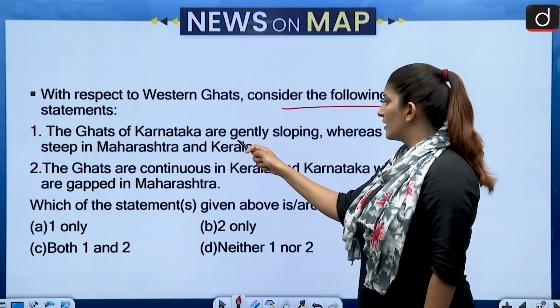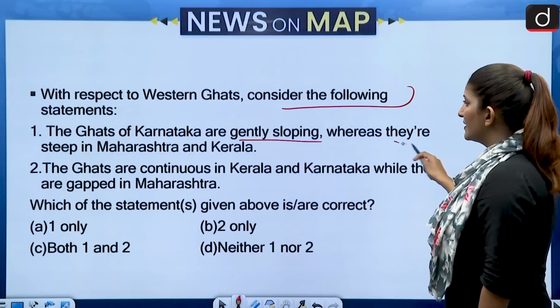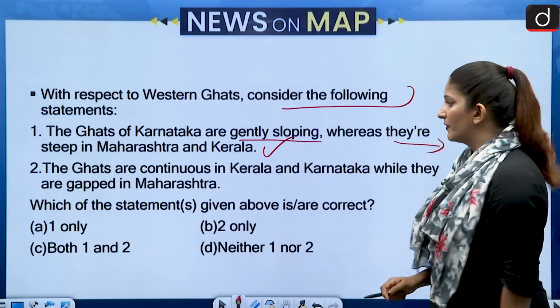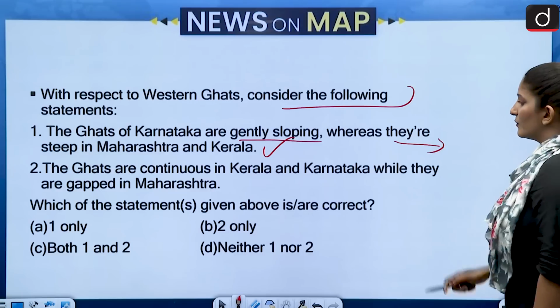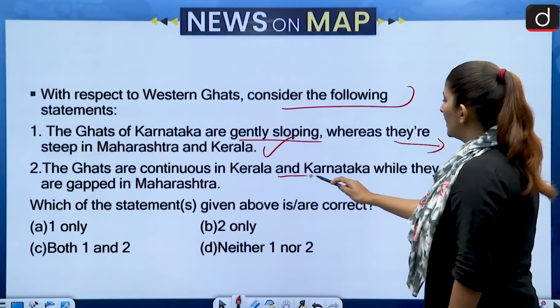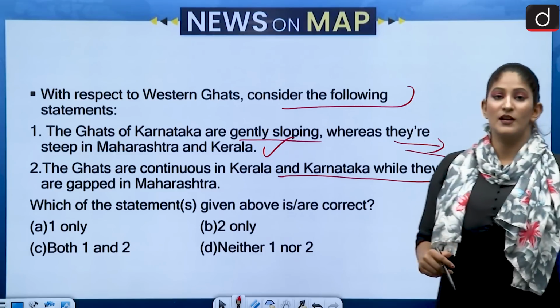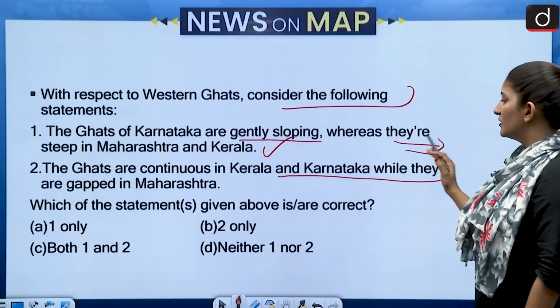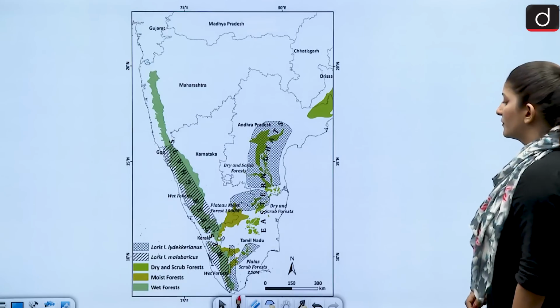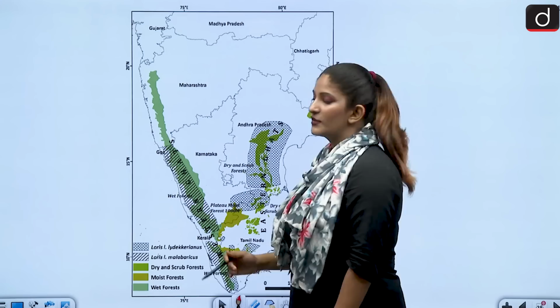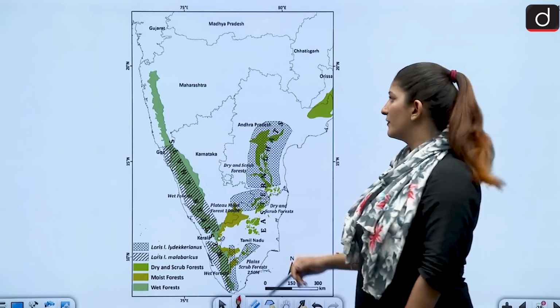The Ghats of Karnataka are gently sloping, whereas they are steep in Maharashtra and Kerala first, and the Ghats are continuous in Kerala and Karnataka while they are gapped in Maharashtra. Now if we talk about this question, let's see the Western Ghats first over here with the help of this map. See, first certain deductions can be made from the diagram itself.